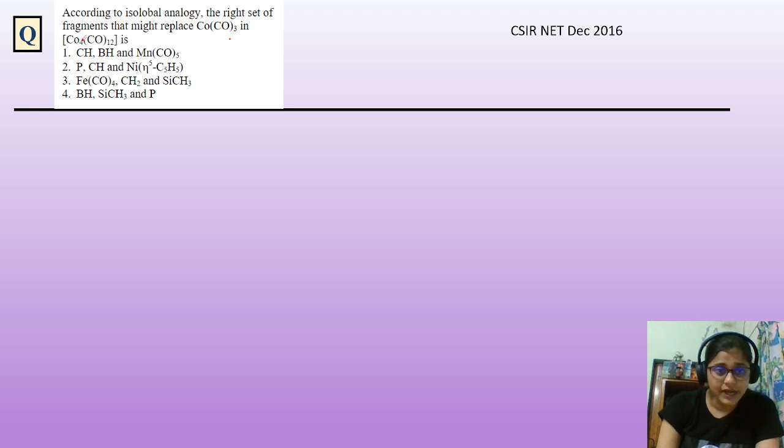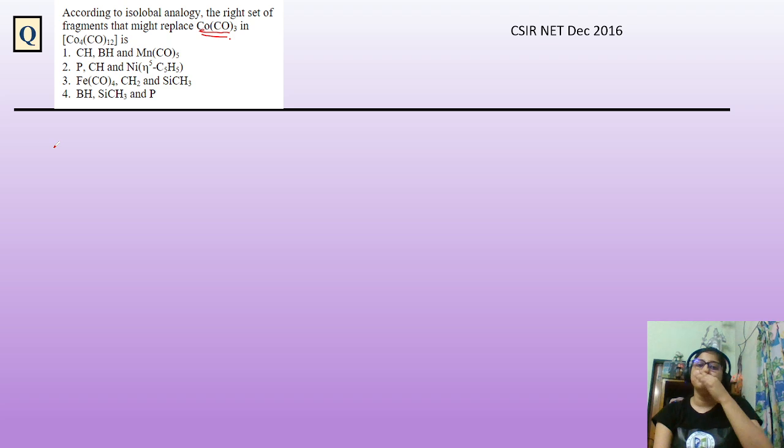If we divide it by 4, for each cobalt there are 3 carbonyls. But here we don't have to do anything because the fragment is already given. They actually made that easier for us.